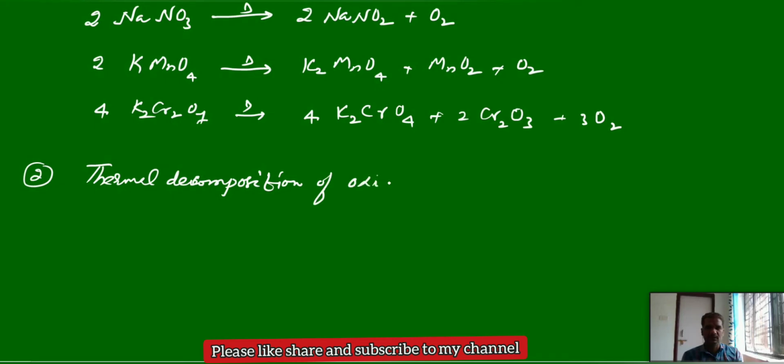Oxides like silver oxide. Silver oxide is less stable in nature, easily undergoes thermal decomposition, and it can give metallic silver and liberates oxygen. Mercuric oxide.